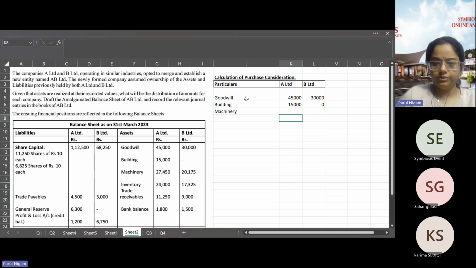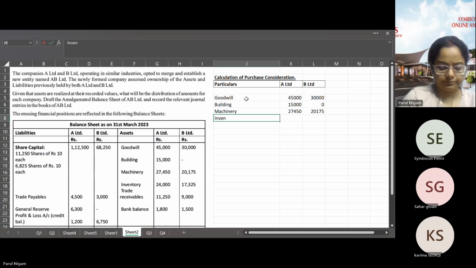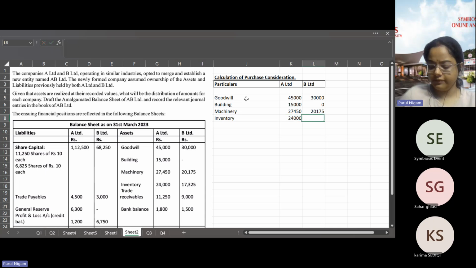That is 27,450. Okay. Then inventory 24,000 and 17,325.